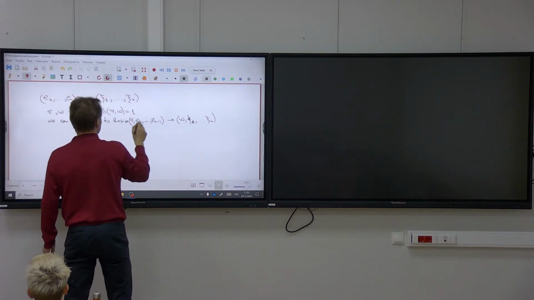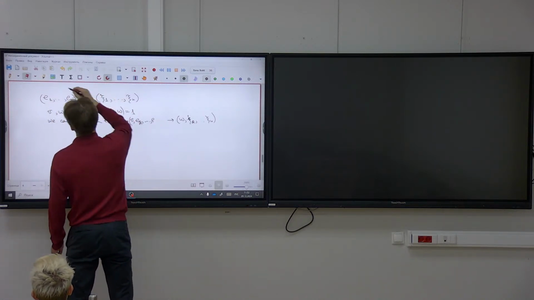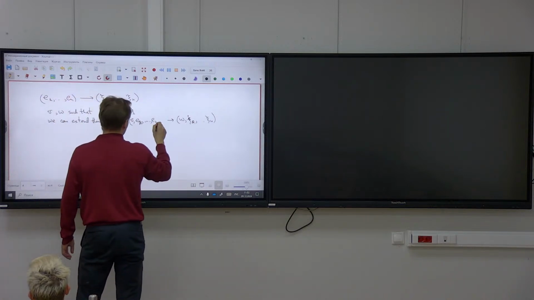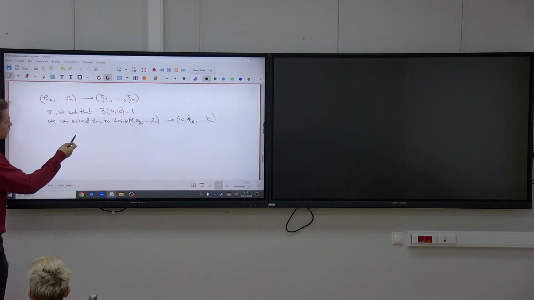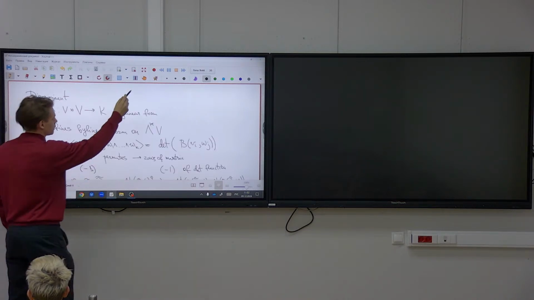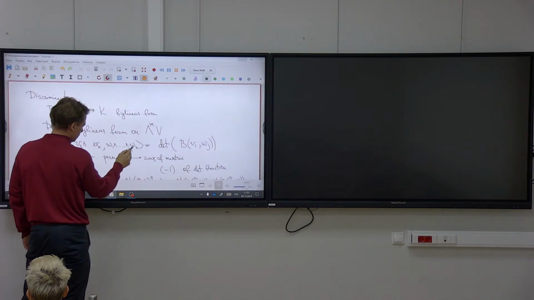And this tells you that the things that we have considered, generated by all possible bases, are just the same. So these notions that we have defined.